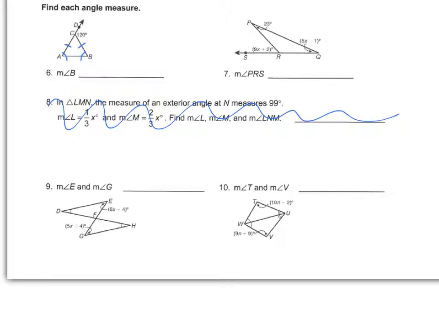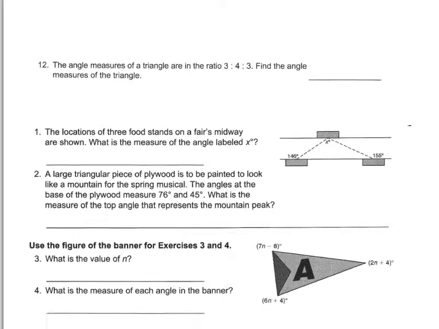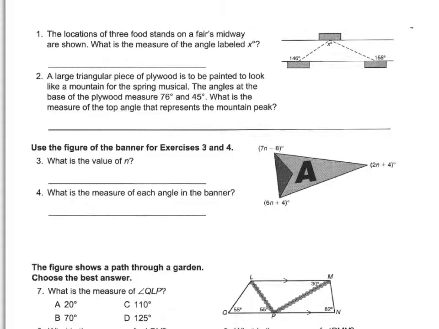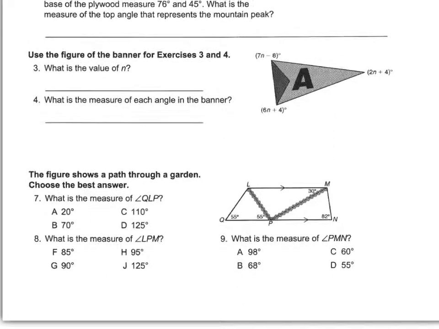Number 9, those two angles are congruent. We haven't really talked about why, but they are. These two angles are congruent. These problems are some tricky ones, but there's nothing there that we haven't talked about or gone over or you should have trouble with.